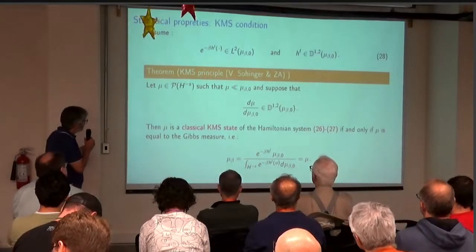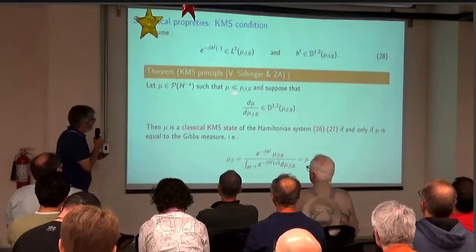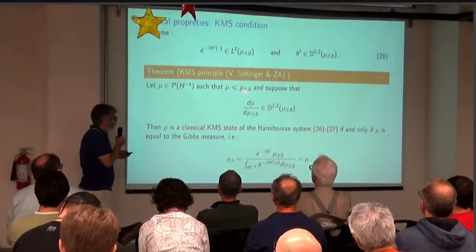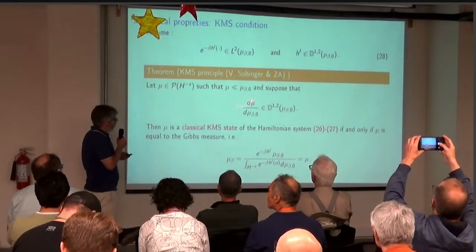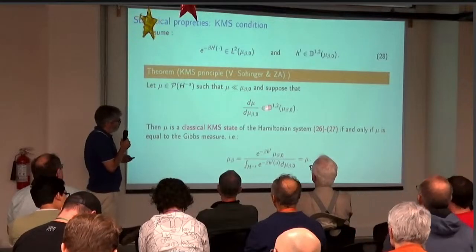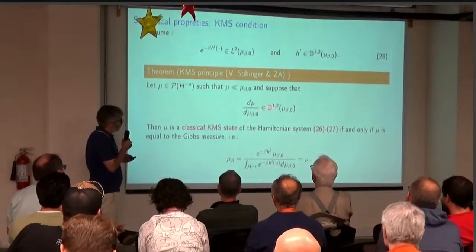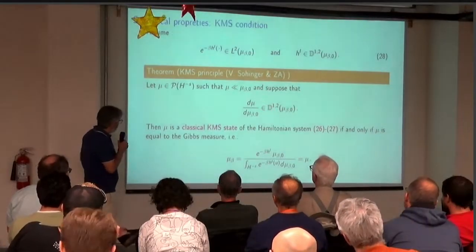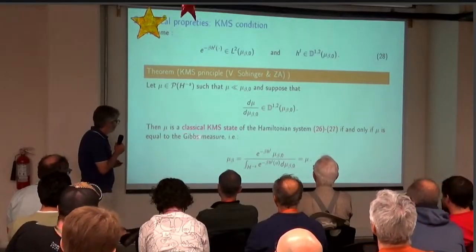Whenever you have a probability measure that is absolutely continuous with respect to the Gaussian measure, and such that its Radon-Nikodym derivative is in the Gross-Sobolev space W^{1,2}, then mu is a classical KMS state of the Hamiltonian if and only if it is a Gibbs measure.